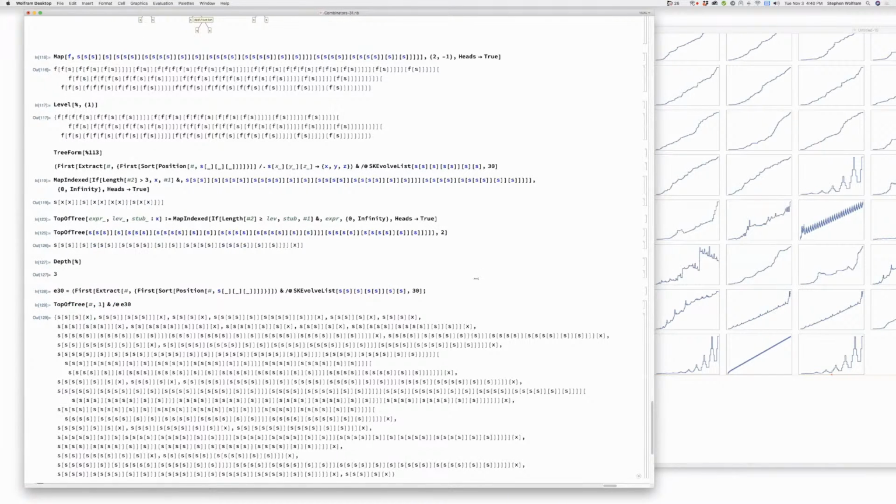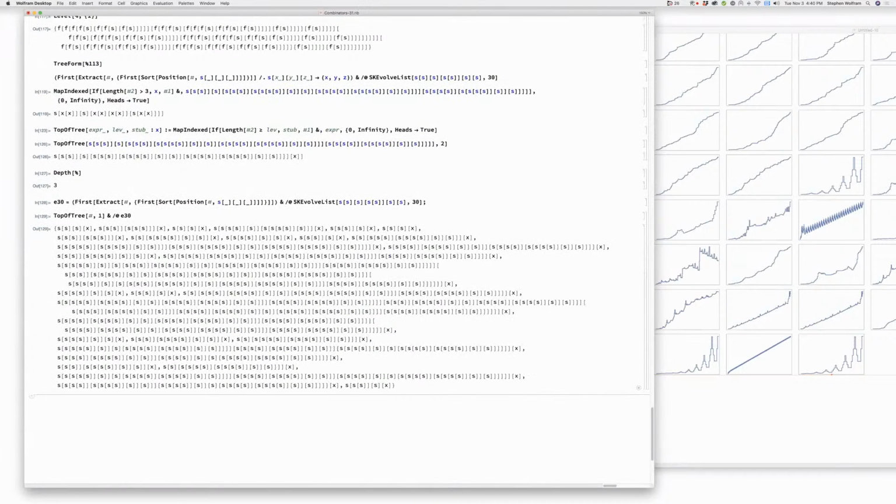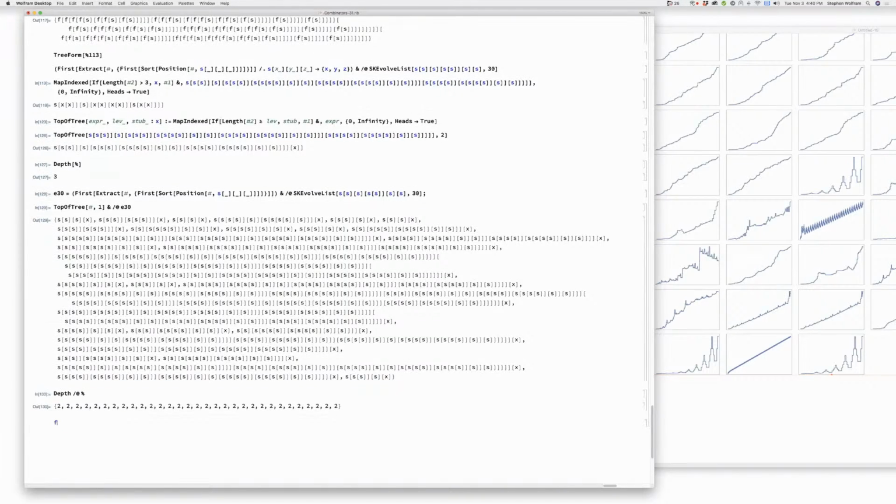Oh, for goodness sake. What a complicated mess. Okay, let's just check. Oh my gosh. They're all depth 2. I know the problem. I know the problem. The problem is that depth, let me just check something.